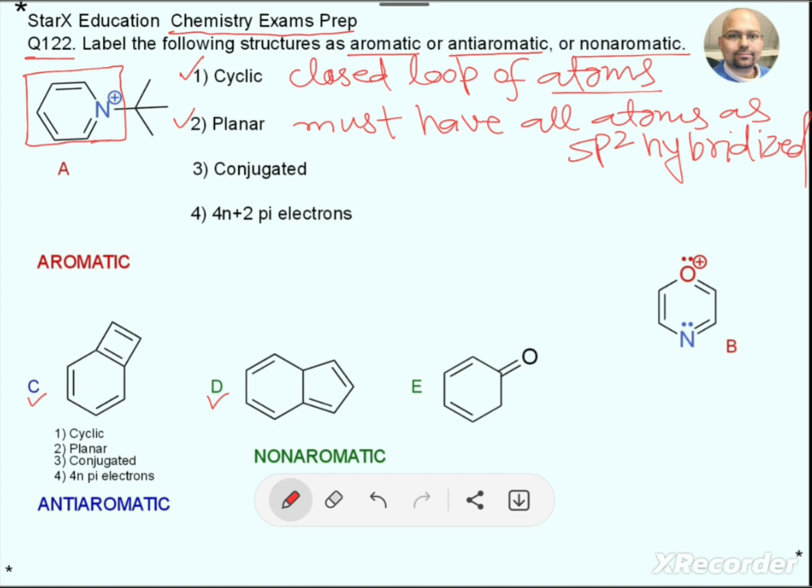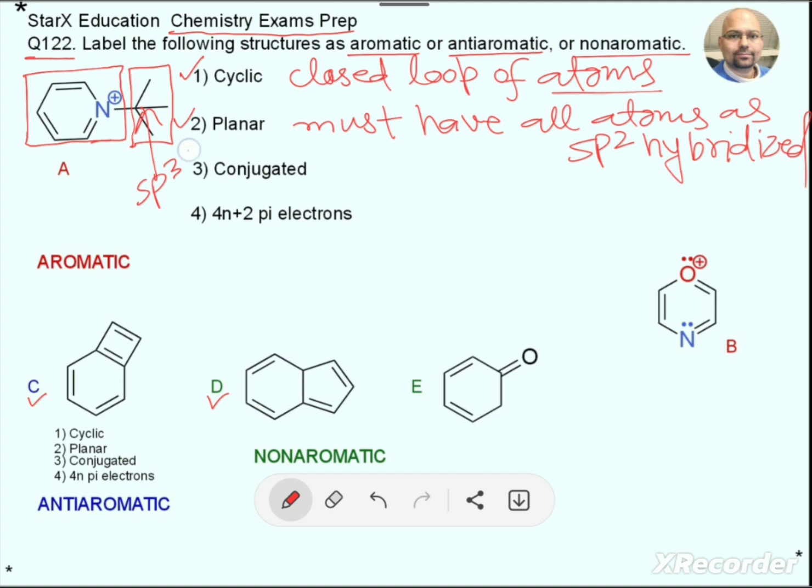It is an important point that when we consider the molecule to be cyclic or planar, we consider the part that is taking part in the aromaticity, not the whole molecule. Because this group here, this carbon, is sp3 hybridized, and yet the molecule is flat at the part where the aromaticity is involved.